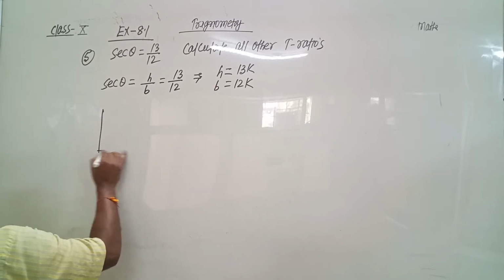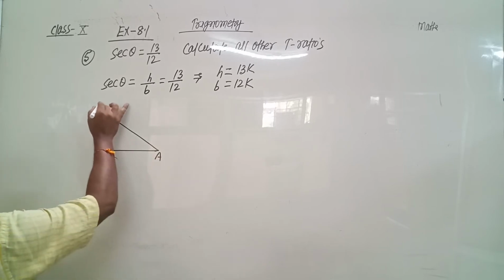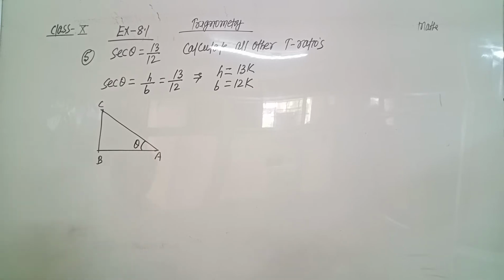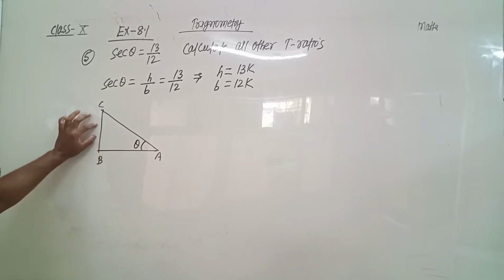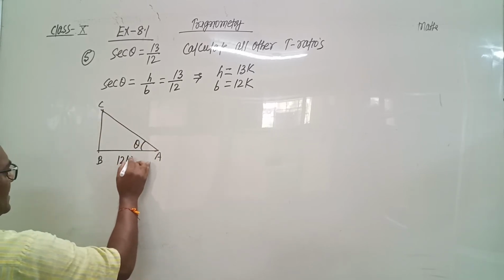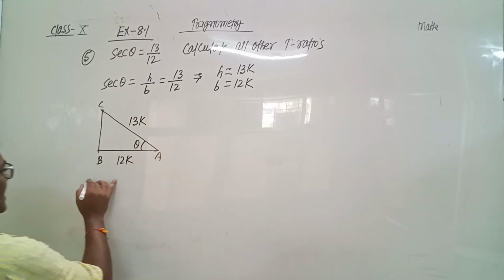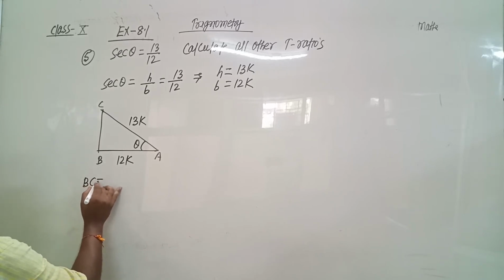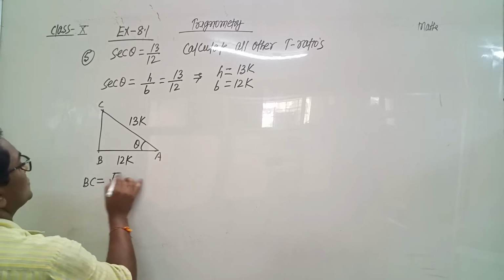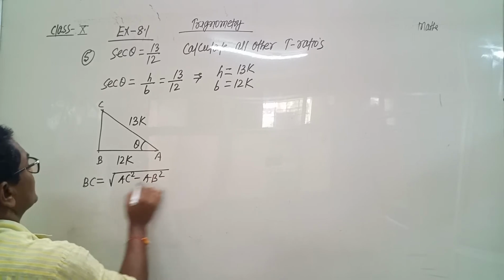Now draw a right triangle ABC. The acute angle is theta. For acute angle theta, this is perpendicular, this is base, this is hypotenuse. So base is 12k, hypotenuse is 13k. We calculate perpendicular BC, which equals the square root of AC square minus AB square.